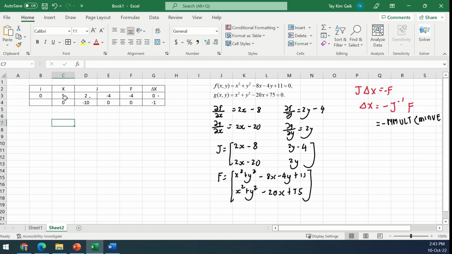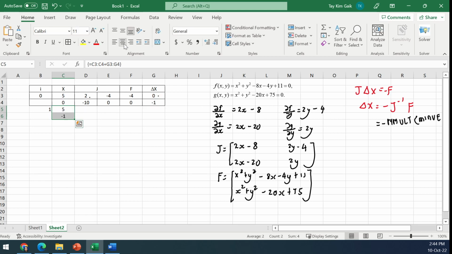So with the initial vector 5, 0, we can obtain the delta x naught, which consists of 0 and negative 1. Then when i equals 1, we can find vector x number 1, which is vector x naught plus vector delta x naught.